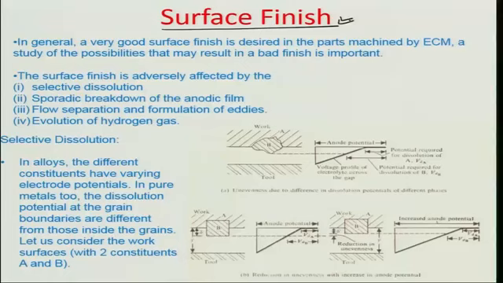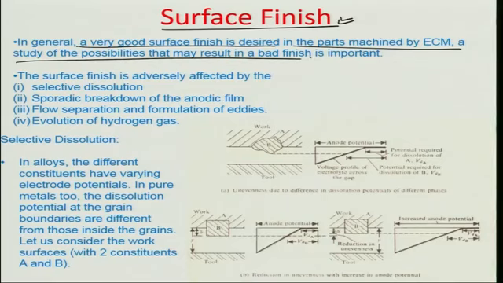In fact, such electrochemical machining processes would result in a number of issues related to the surface finish of the workpiece surface. In general, a very good surface finish is desired in parts machined by ECM, and a study of the possibilities that may result in bad finishing is absolutely important.